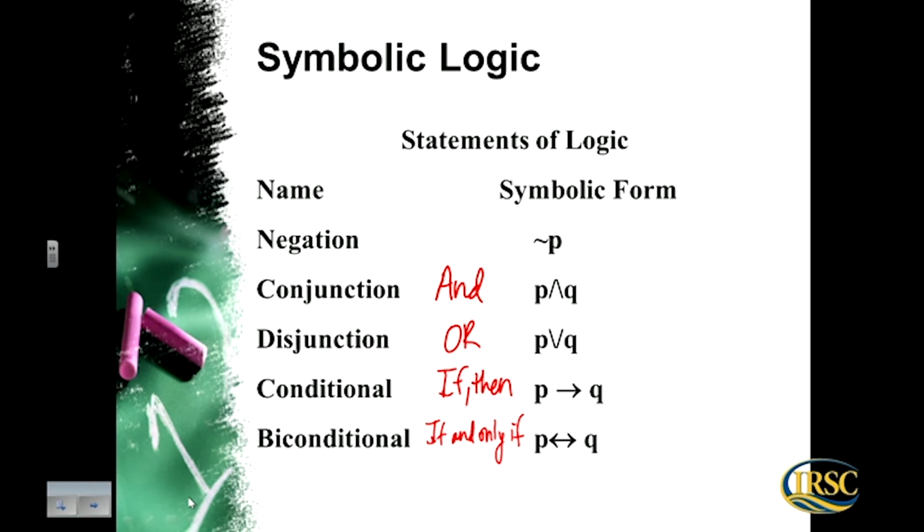I want to add symbolically up here the negation, where you might see a negation outside parentheses. Because maybe you've got an and statement or an or statement in here. If you see a negation outside parentheses, I want to help you translate that into words.